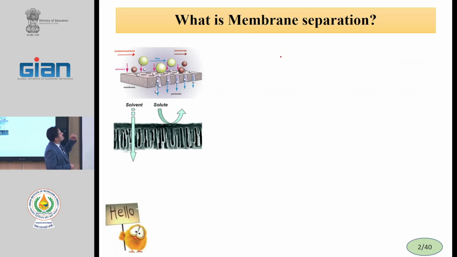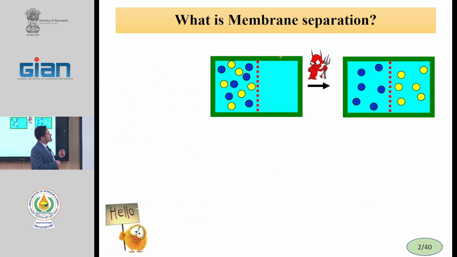This is a simple picture of the membrane. You see that the small molecules can pass and the big molecules cannot pass. But this separation, in most cases, is not complete. We have rejection of, for example, 98%.